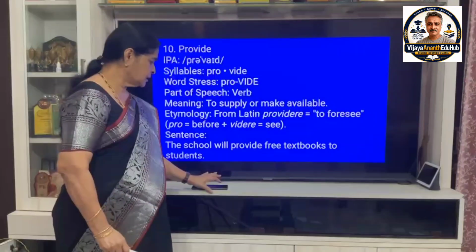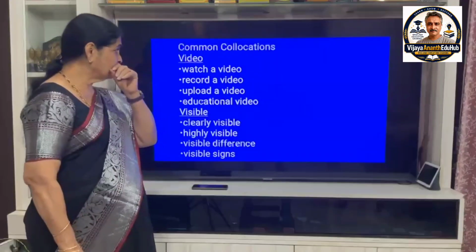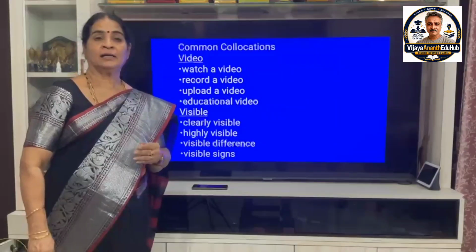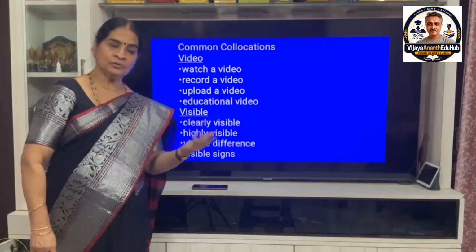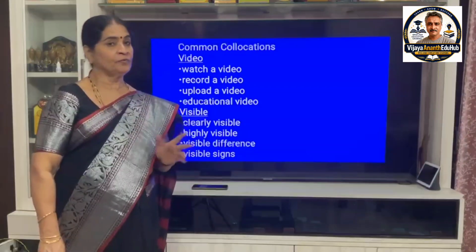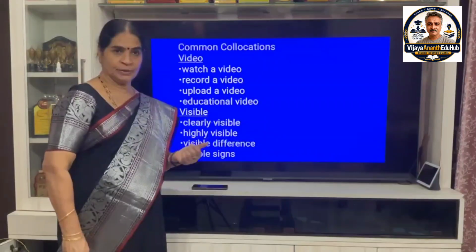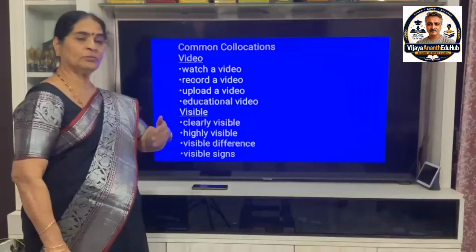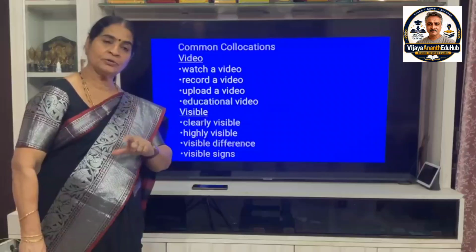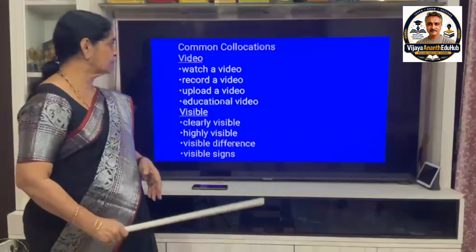So these are the words which share the common root vid or viz. Here are some of the collocations for these words. Words which go together are called collocations.